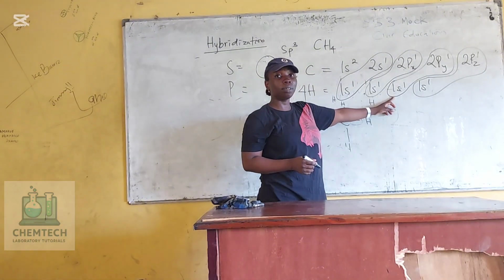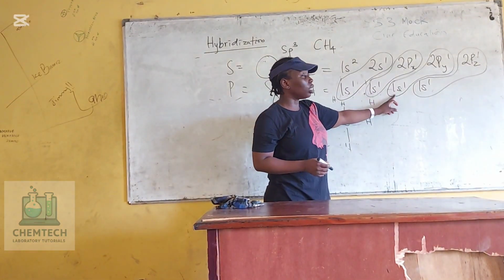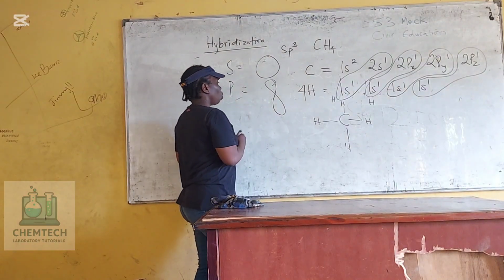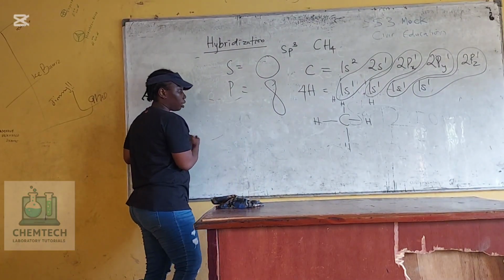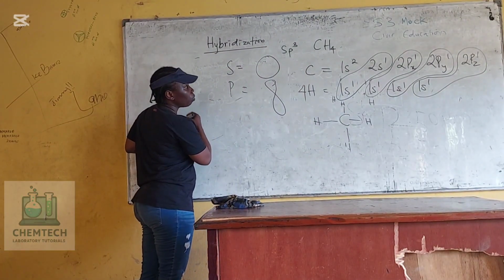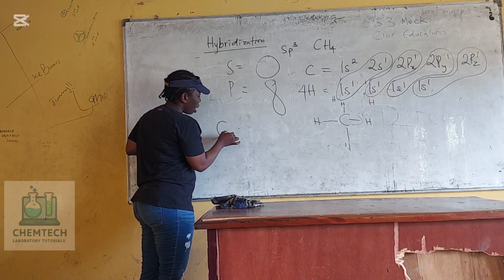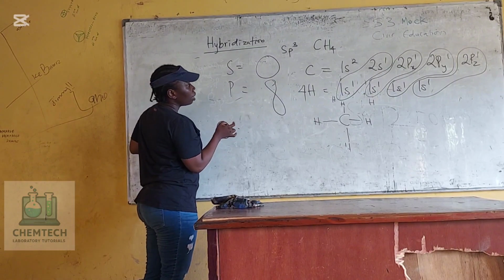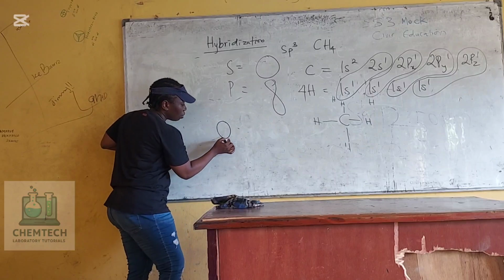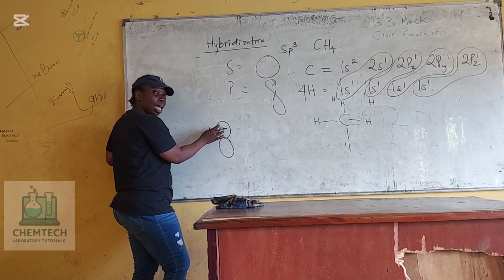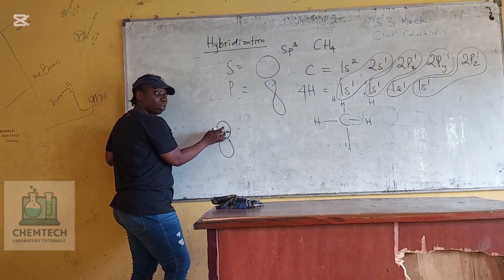Same applied to the third hydrogen and the fourth hydrogen. So, if we want to draw it, we would bring carbon. Carbon is spherical, s. Then the hydrogen is spherical, which is also s. That is edge to edge. Carbon, hydrogen.